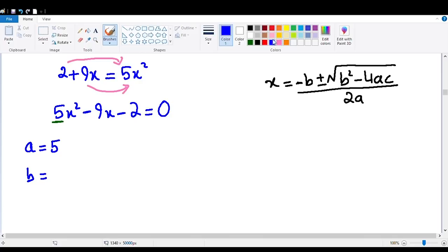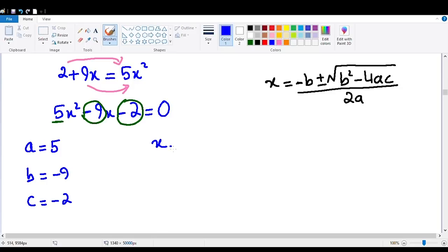What is b? B over here is minus 9, so we'll write minus 9. What is c? C is minus 2 over here, so we'll write c equals minus 2.